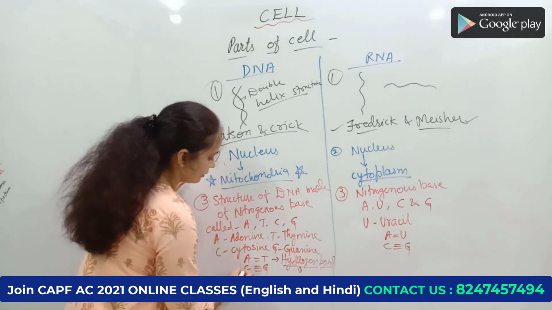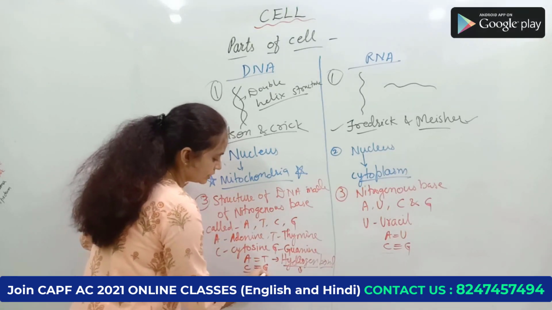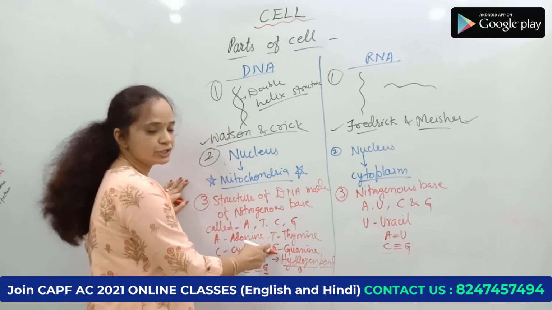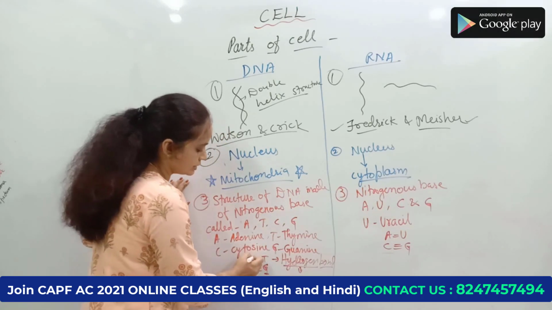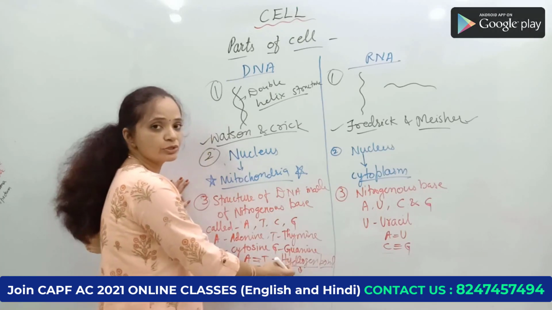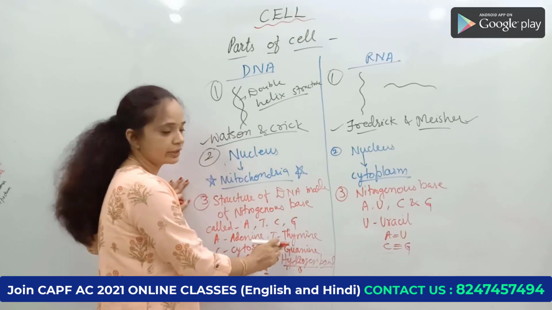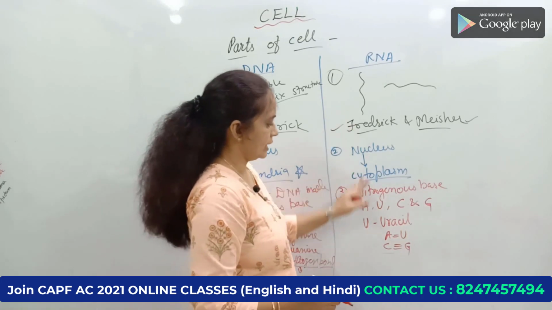C for cytosine and G for guanine, always C goes with G. So C and G have a triple bond, and A and T have a double bond. Which bond? Hydrogen bond.